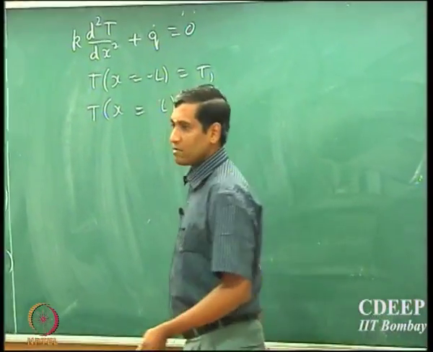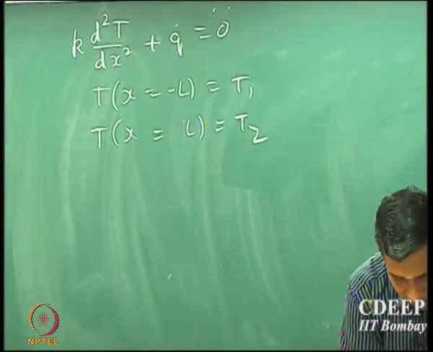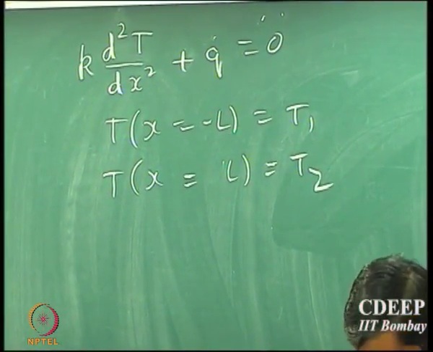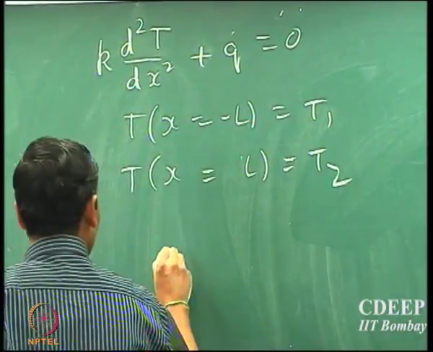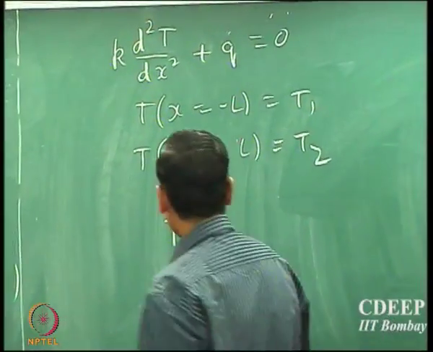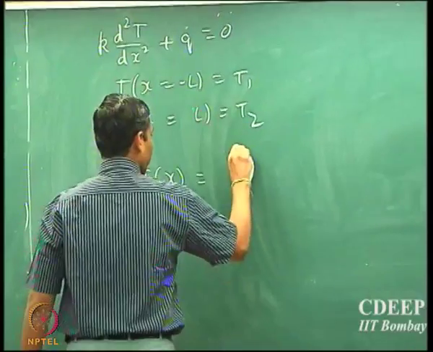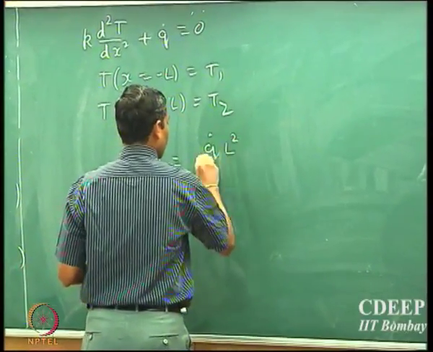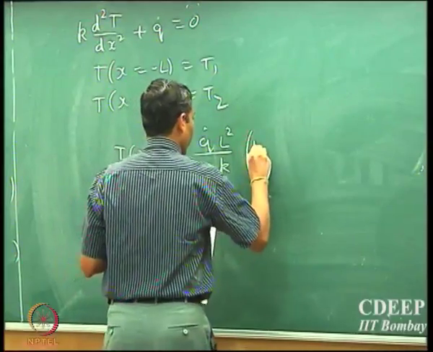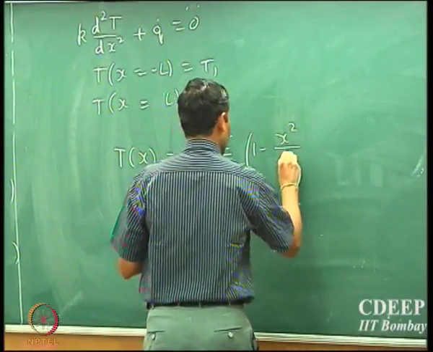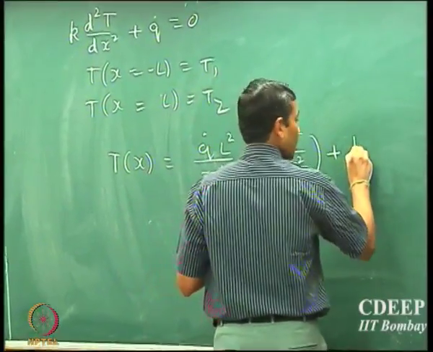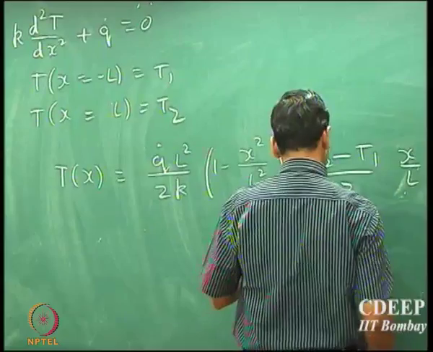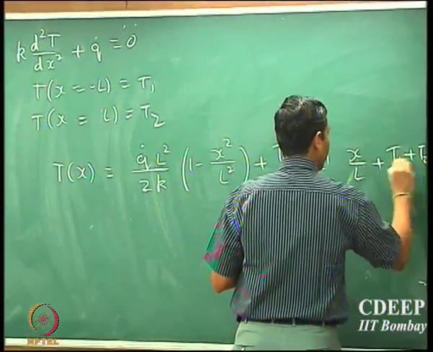So I can solve this equation without much effort. I am not going to derive the solution here, so I will give you what the solution is. The solution is T of x equal to Q dot into L square by 2k into 1 minus x square by L square, plus T2 minus T1 by 2 into x by L, plus T1 plus T2 by 2.